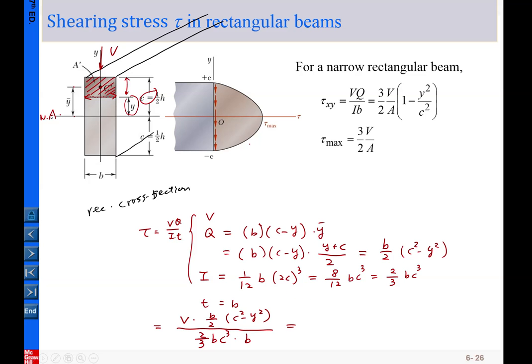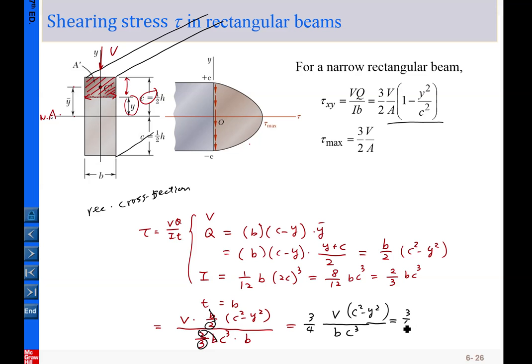Let me change color. Let me first deal with this one. Now it becomes 3/4, and then let me cancel the b, and that becomes V times c squared minus y squared over bc cubed. Then let me get into this form: let me divide the numerator and denominator by c squared.